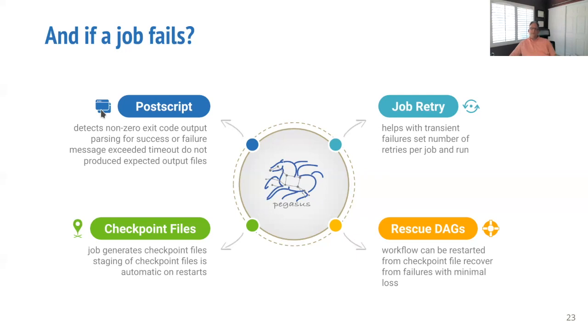Non-zero exit means failure, and then we'll have to deal with it somehow. And there are other ways. For example, you can also tell Pegasus to look for keywords. So let's say that you have an old crappy code that doesn't use exit codes, but the last line says success or failure. We can also use that kind of parsing and keywords to decide if the job failed or succeeded.